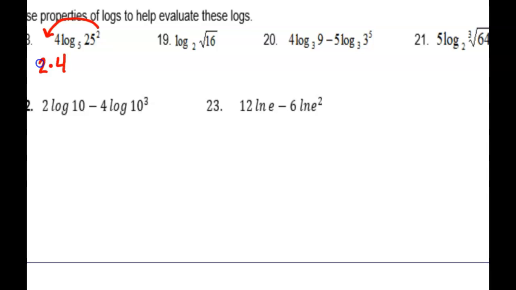So I'd have 2 times 4 times, and then it's log base 5 of 25, which would be 5 to some power is 25. So that all becomes a 2. So I end up with 2 times 4 times 2, which is 16. Did I do that right?